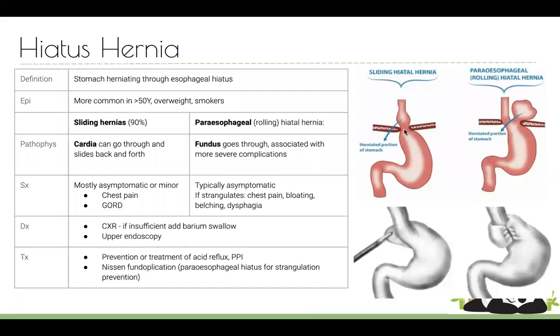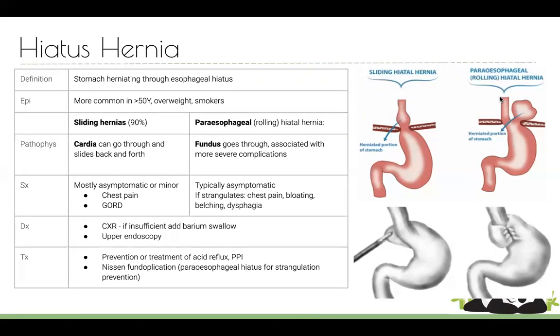So the cardia slides through like its name, and usually they're pretty asymptomatic or minor, but it can cause some chest pain because it's irritating the things around it, as well as reflux, as you can imagine, because your lower esophageal sphincter, as a functional sphincter, relies on that angle, and you don't have that angle anymore.